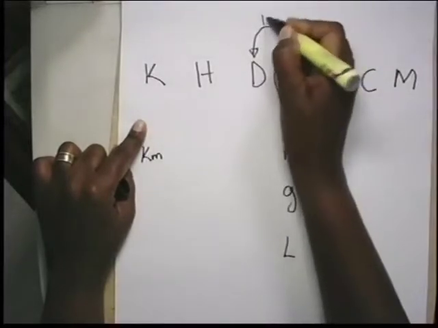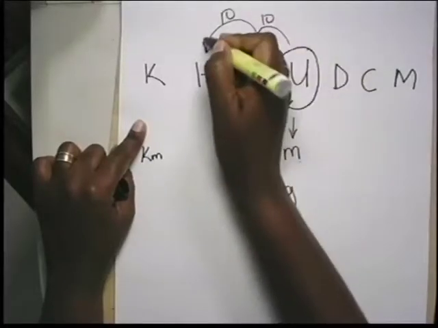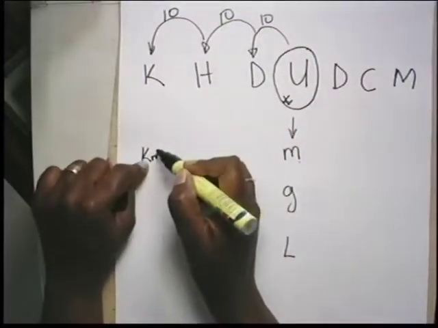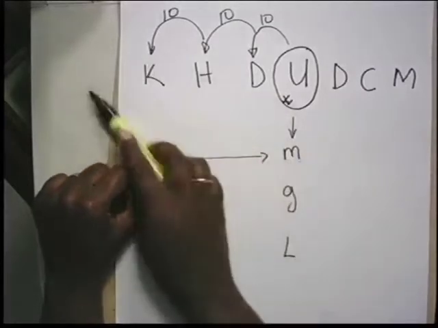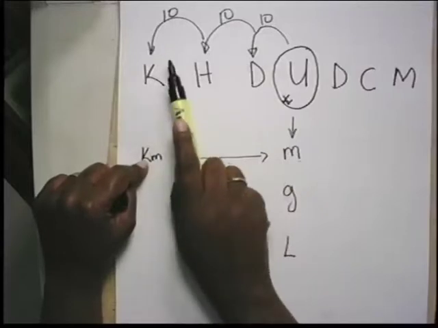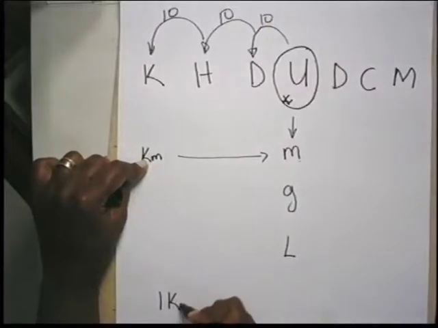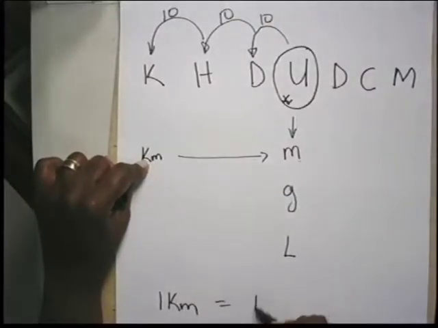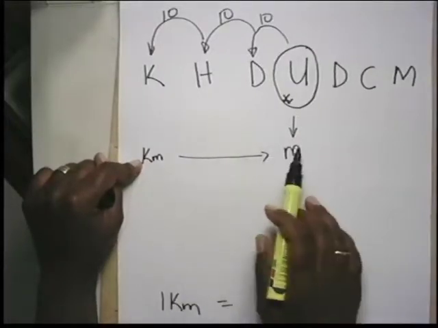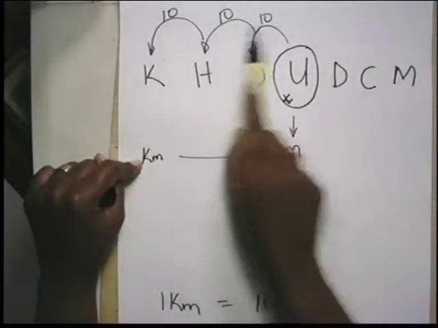There are 10 units here, another 10 units here, and another 10 units here. So to convert from kilometer to meter, you have to multiply or divide by 1,000. That's why we say 1 kilometer is equal to 1,000 meters, because from kilometer to meters, you multiply by 1,000, since we have 10, 10, 10.